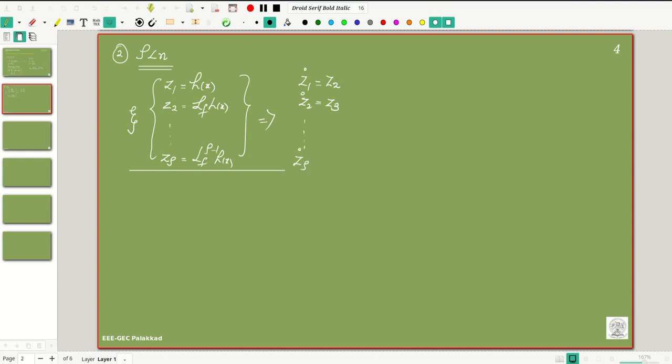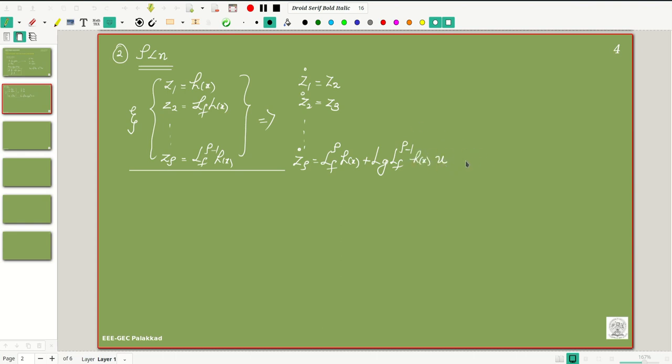z rho dot is equal to Lf rho h of x plus Lg Lf rho minus 1 times of h of x into u.